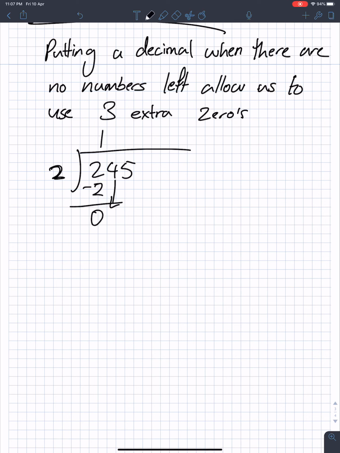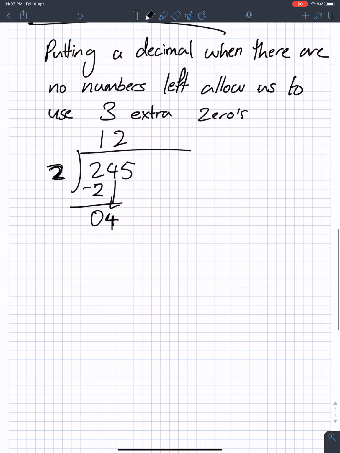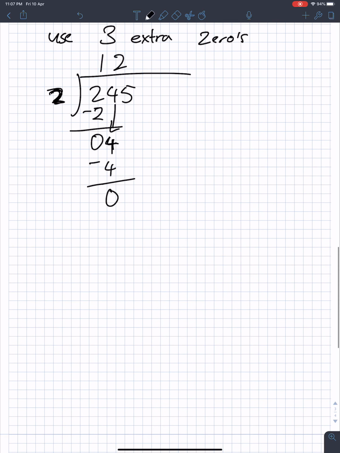Drop down 4, and you say 2 times table until you get to 4. So 1 times 2 is 2, 2 times 2 is 4. So 2 times 2 is 4. Subtract 4, and you're left with 0. Then you drop down 5, right? Sorry, it's a bit messy.